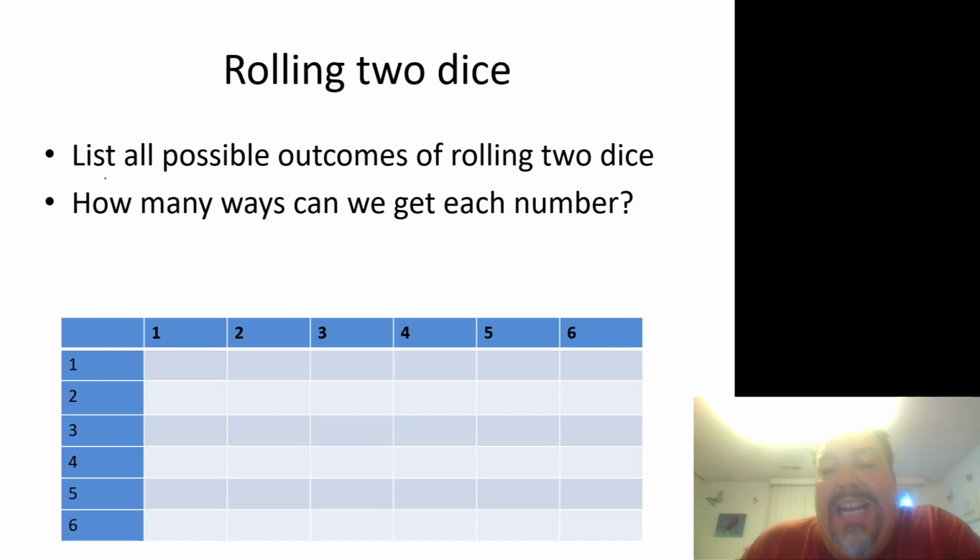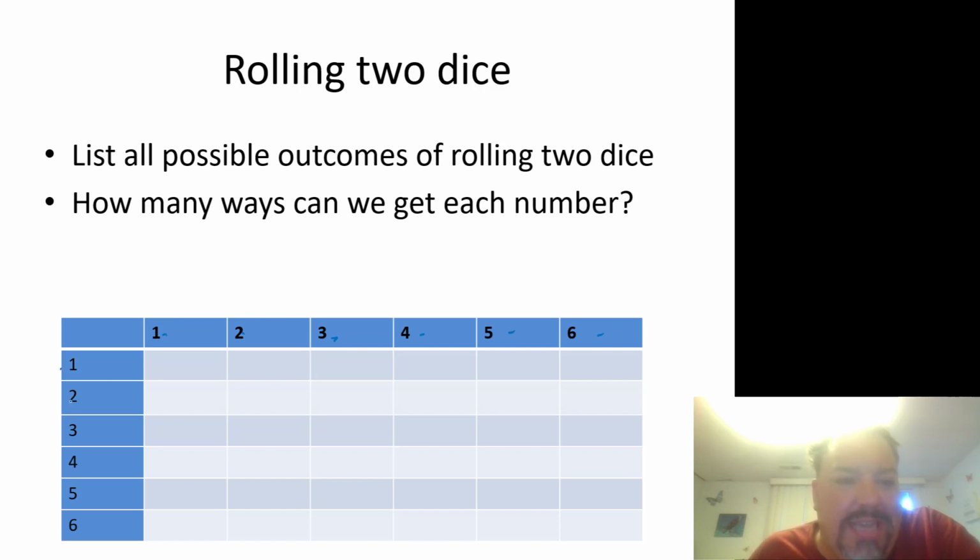When we get to rolling 2 dice, now this is pretty common if you play a lot of board games, you play Monopoly, you might want to know what's the probability of rolling doubles, what's the probability of rolling a 7. We can find that by making a table. So basically I make a table like this, and the numbers going across here, 1, 2, 3, 4, 5, 6, those represent 1 die.